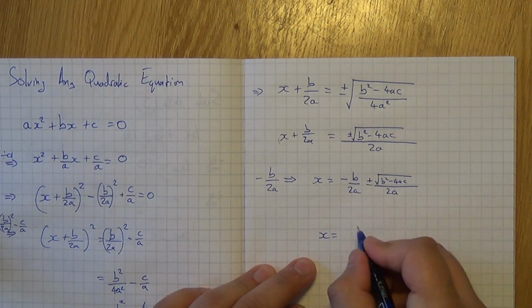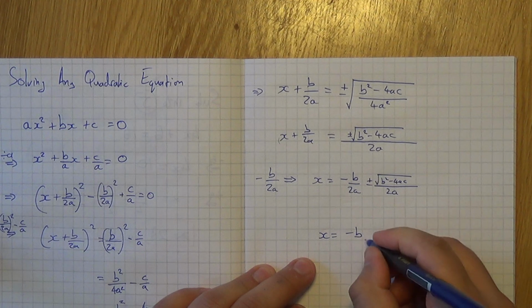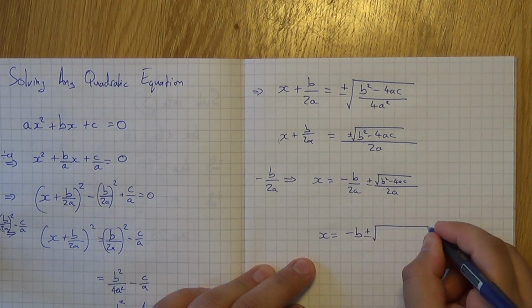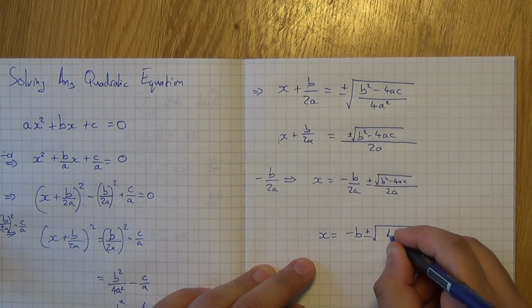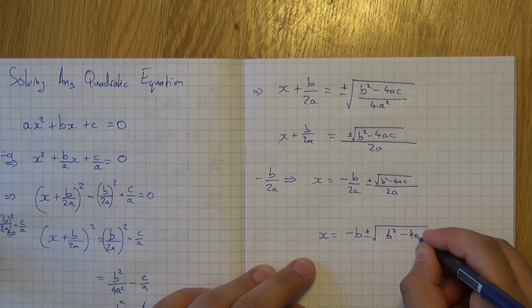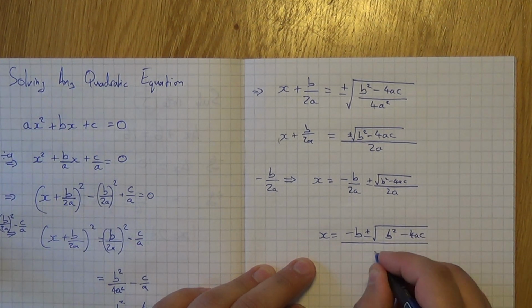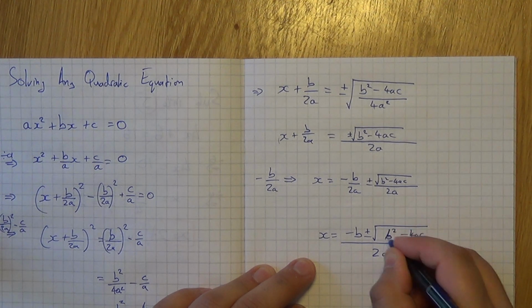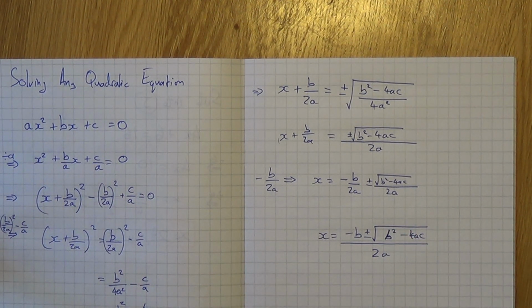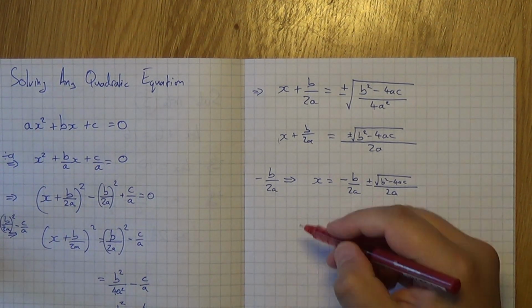So that means x equals negative b plus or minus the square root of b squared take 4ac all over 2a. And this thing at the end has a name because it's so very important.